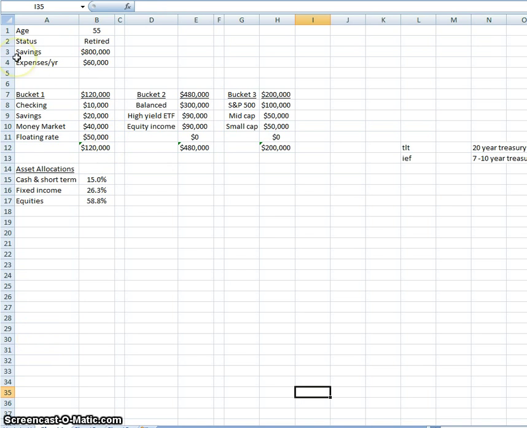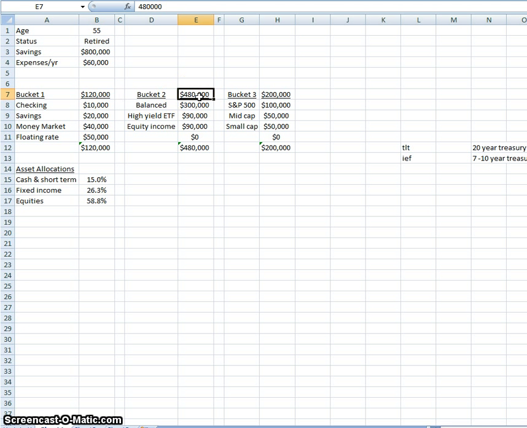So let's take a look at an example that I put together to help illustrate the points that I've made. We're going to assume that the person is 55 years old, retired. Their portfolio is worth $800,000, and their annual expenses are $60,000. So we've allocated bucket 1 to equal $120,000, bucket 2, $480,000.